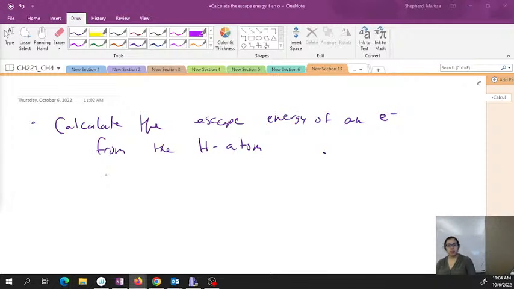So what are we thinking for escape energy? How could we calculate that? What formulas do we have? So how do we calculate energy?